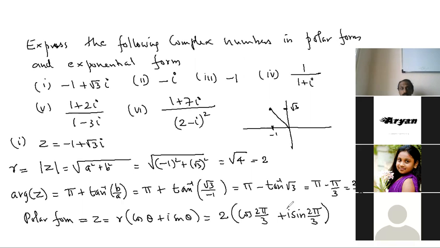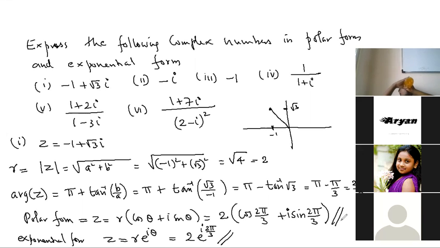But if you're feeling difficulty to write in radian, you can write in degree also. Then exponential form, R e raised to i theta: 2 e raised to i 2 pi by 3. And that's the answer. I hope you understood properly.